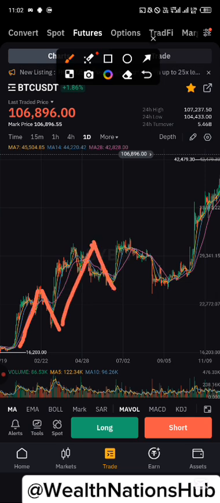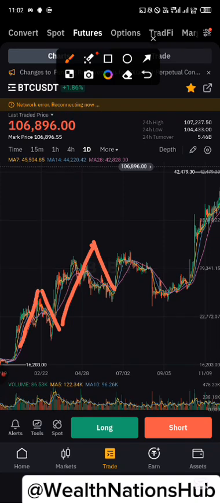Now, this is a breakout portion that we are looking up to. This is an uptrend, and as you can see, there's a break line, a point of resistance, which we'll be looking up to.